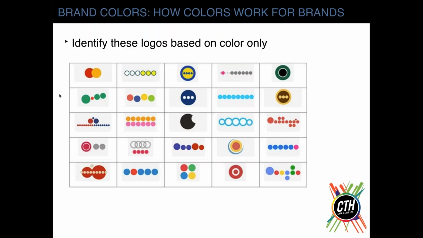All right, can you guys identify the logo just by color? How about this first one? What's that? Dustin gets it. MasterCard. All right. How about this one down here? What's that? Burger King. Dustin with the speedy typing skills. All right.